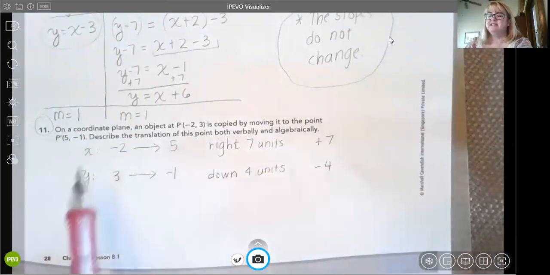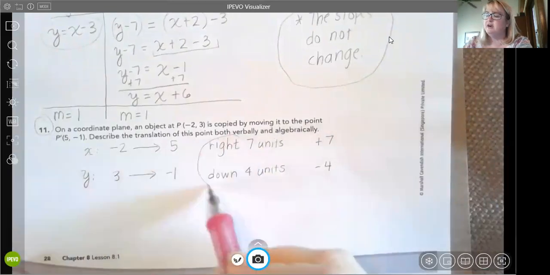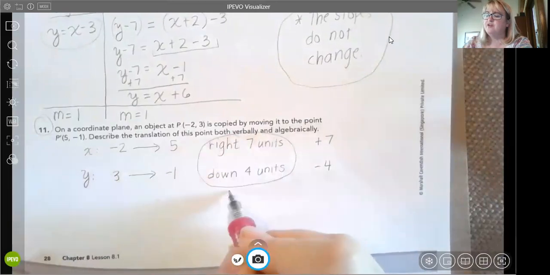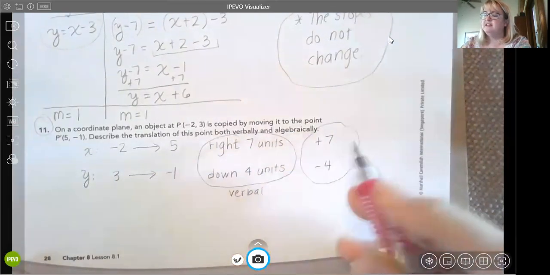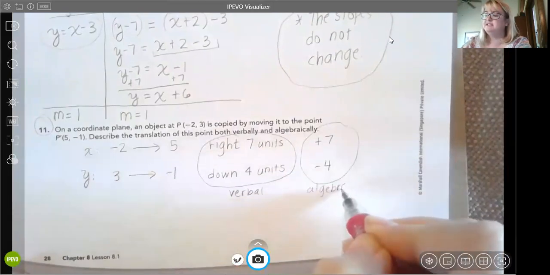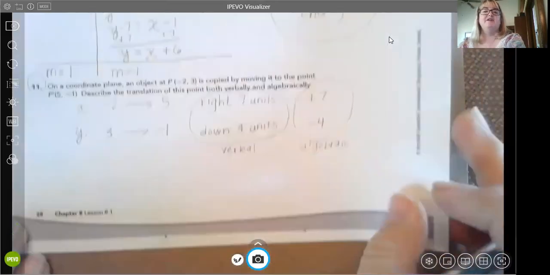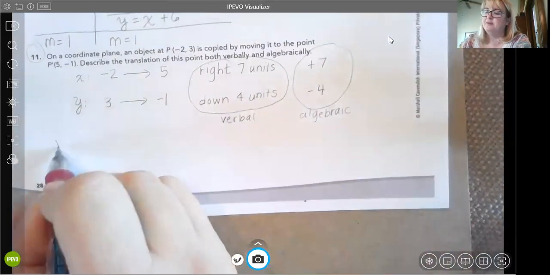So by analyzing this will help us with both the description of the translation verbally and algebraically. Because right here, this is your verbal. Right here, this is your algebraic. Okay, so let's finish this out. This is not enough. But the verbal.